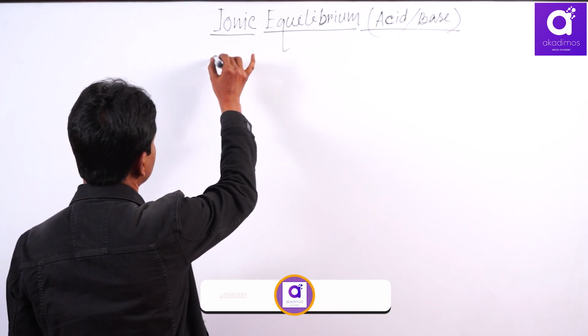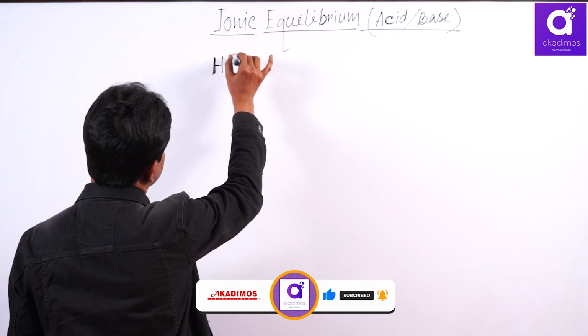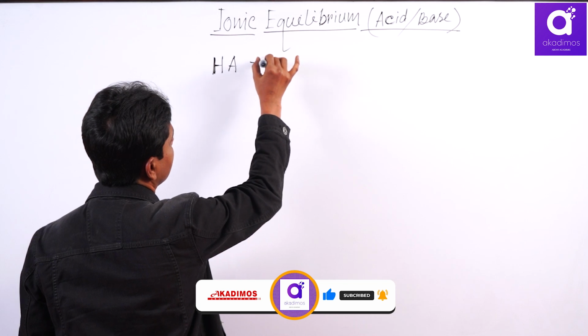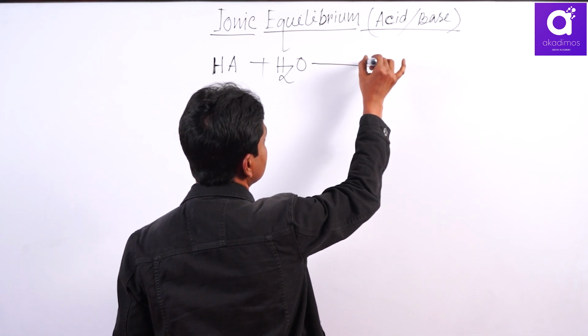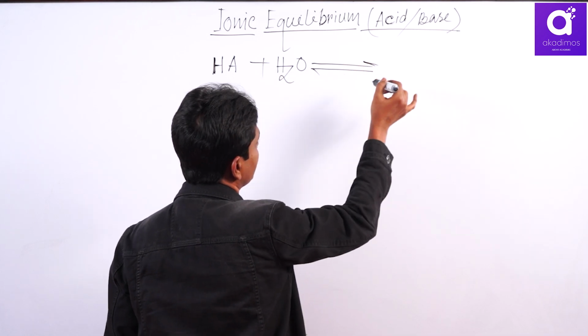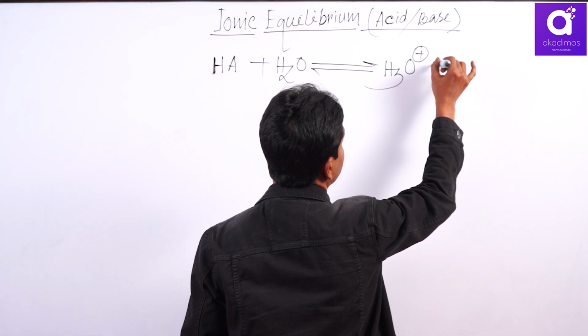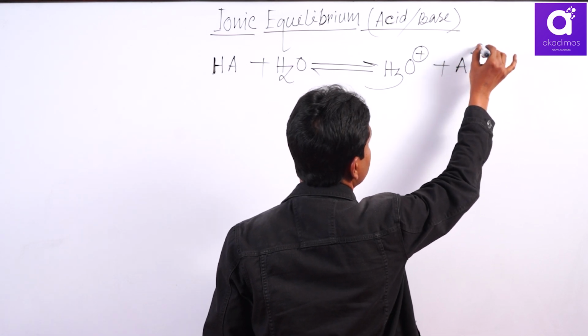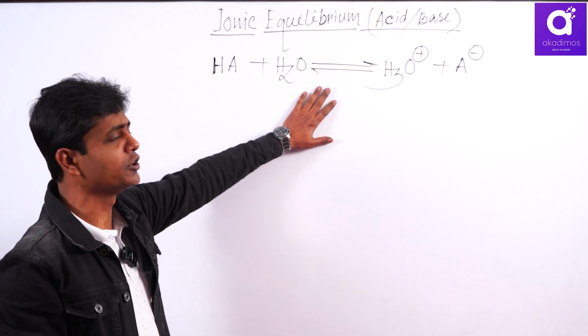For example, I am taking here a weak acid HA, taking water, and it partly undergoes dissociation, and you will get H3O plus and A minus. This dissociation is an equilibrium.